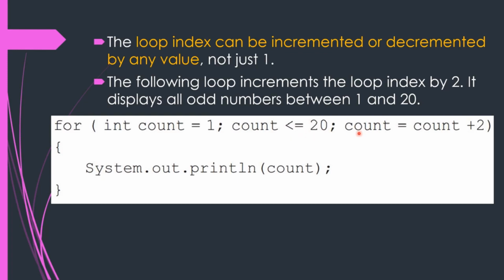And after that the third part, count is equal to count plus 2. This is the change counter part. Means till the condition becomes false, this loop will continue, and when the condition count less than or equal to 20 fails, the loop ends.